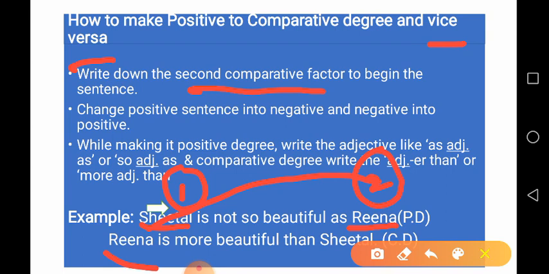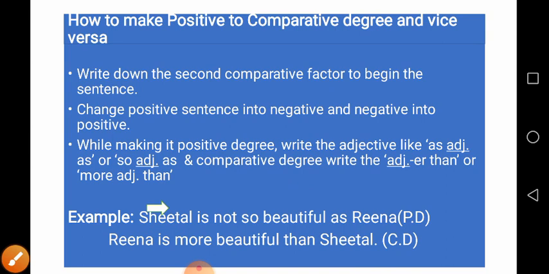If you find the sentence negative, like here, by using the word not, we have made the sentence negative. If you find the sentence is negative, while transforming it into another degree, make it positive, means remove not or any negative words like no, never, none.